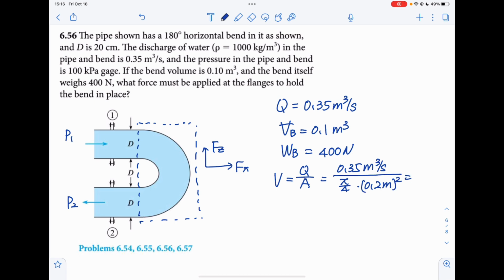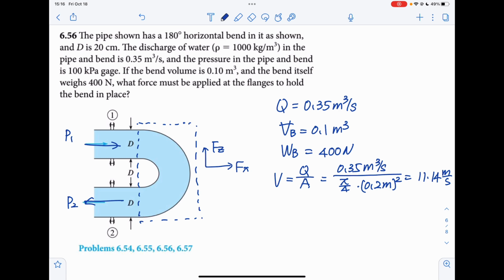And this will give us 11.14 meters per second. So both the velocity coming in and out is 11.14.